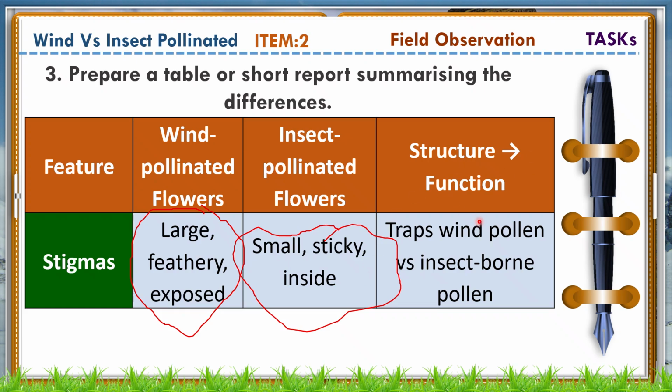Structure to function. For the wind, they are large to trap wind pollen. For the insect, they are small and sticky so that insects can carry the pollen grains.